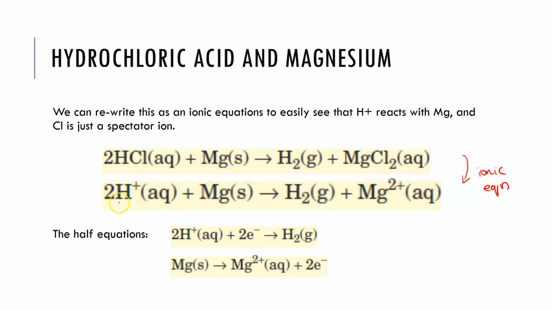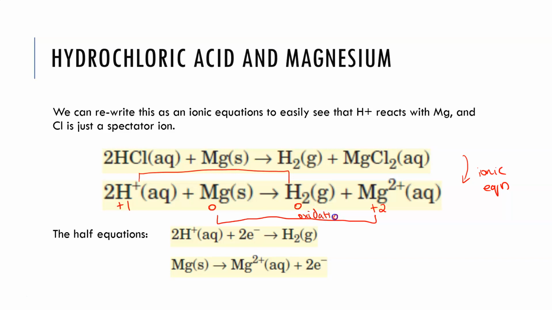The hydrogen is +1, the magnesium is 0, hydrogen here because it's elemental is 0, and magnesium is +2. So we have hydrogen as one redox pair going from +1 to 0, so reduction, and magnesium going from 0 to +2, so this is oxidation.